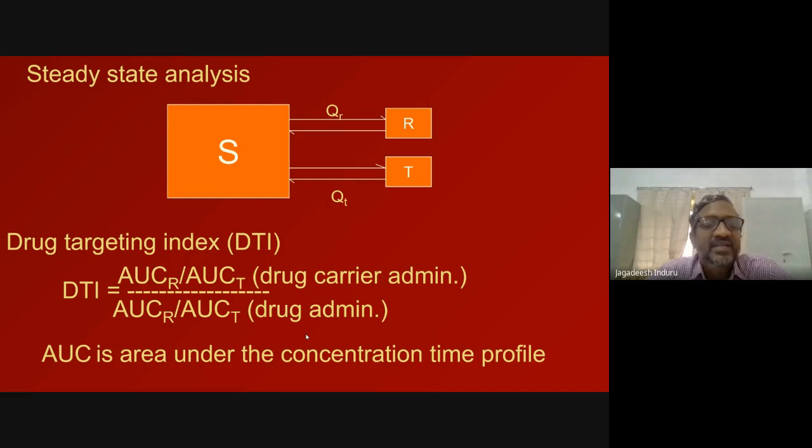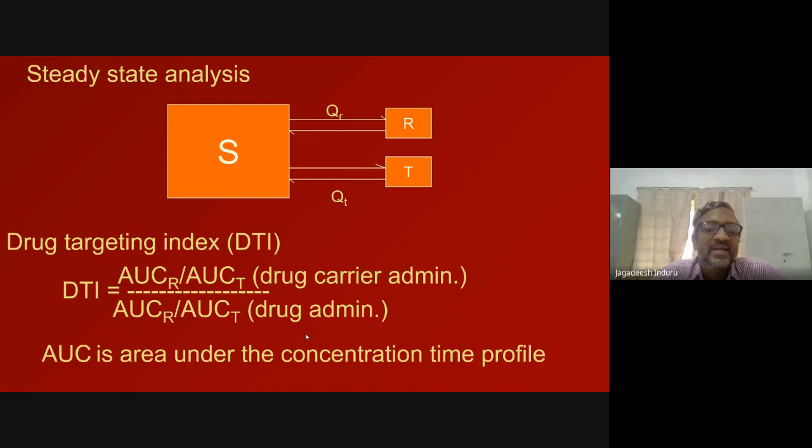So the area under the curve of the concentration-time profile is what we are going to see, and this profile will give the highest drug targeting index where the numerator is with the drug carrier. We are using a liposome or any delivery system which gives the highest value at the top, in the numerator, compared to the denominator, where we are giving the drug alone without any carrier. Then your targeting index is very high.